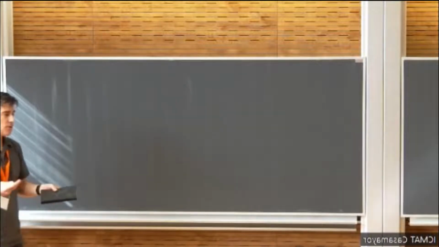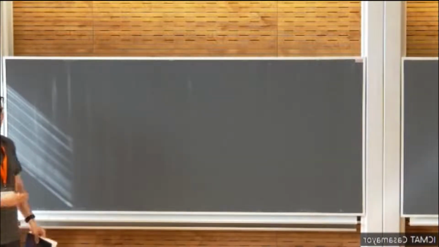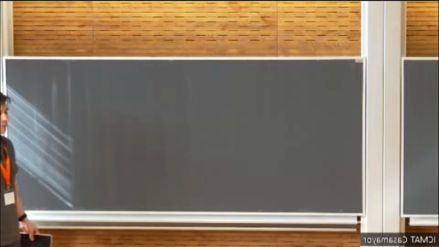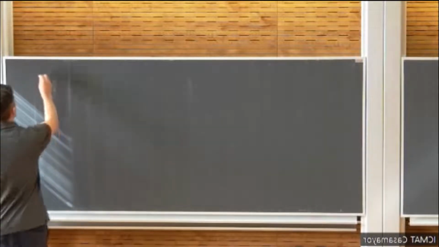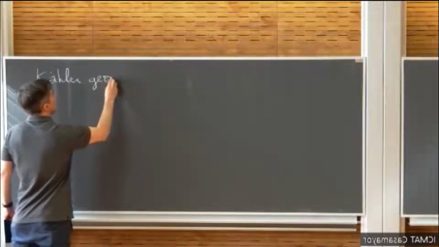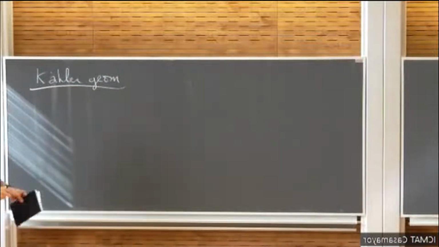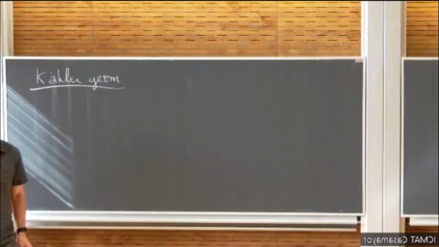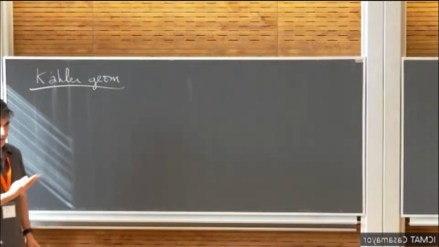Okay, but let's start with something that I believe everyone is familiar with, which is Kähler geometry. So let's begin in the Kähler world. The first thing I'd like to discuss is a point of view on Kähler metrics, which is due to Donaldson.